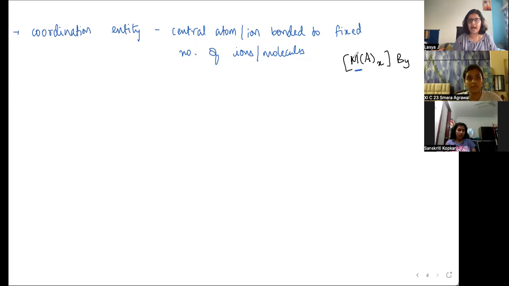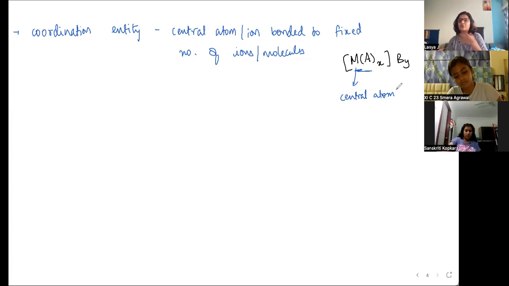So this whole thing is a coordination entity. Out of this, M is the central atom. You call it a central atom or central ion, depending on its charge. If its charge is 0, then it's called a central atom. If it has a specific charge, then it's called a central ion, because it's at the center of everything.